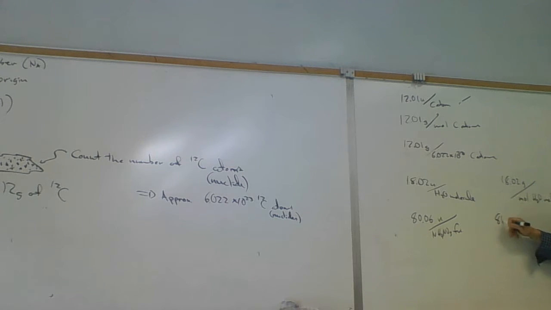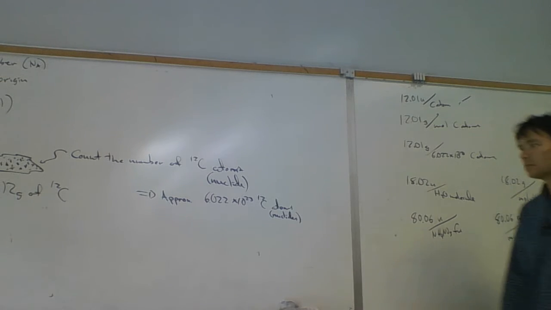So there would be 80.06 grams per mole of ammonium nitrate formula units. In other words, that would be the same as 80.06 grams per 602 million trillion ammonium nitrate formula units.